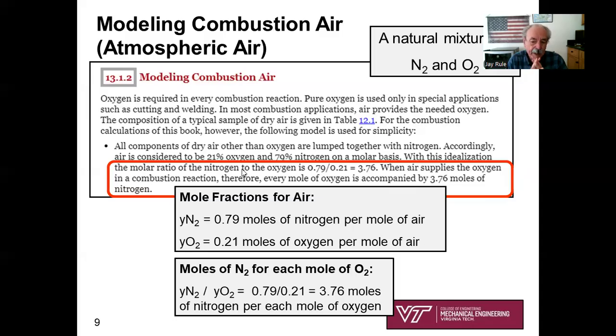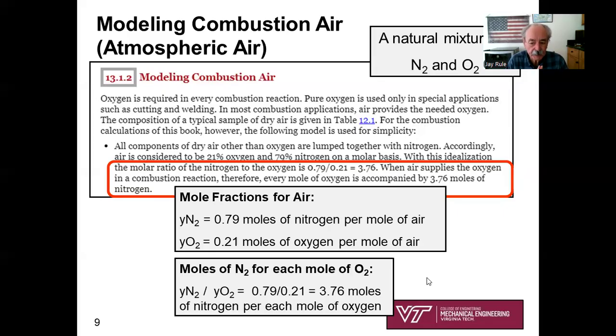And so you can do the math, you can do the algebra to see that the number of moles of nitrogen for each 1 mole of oxygen can be calculated by the mole fraction. And so you can see that there are 3.76 moles of nitrogen for each mole of oxygen.